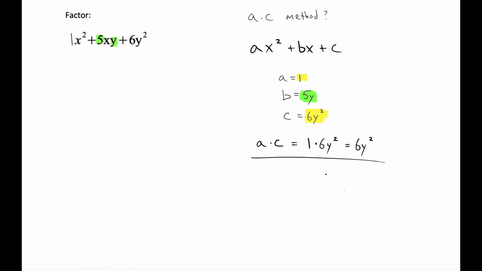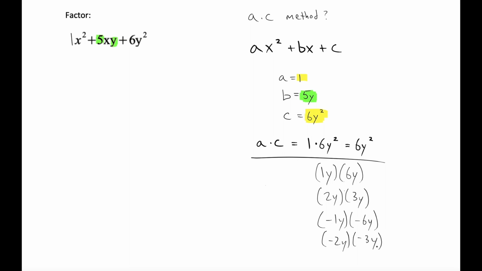So it could be 1y times 6y, or let's say 2y and 3y. We could have negative 1y, negative 6y, negative 2y, and negative 3y. The special combination that we're looking for is 2y and 3y. They would multiply to 6y squared, but they would also add to the middle term of 5y.